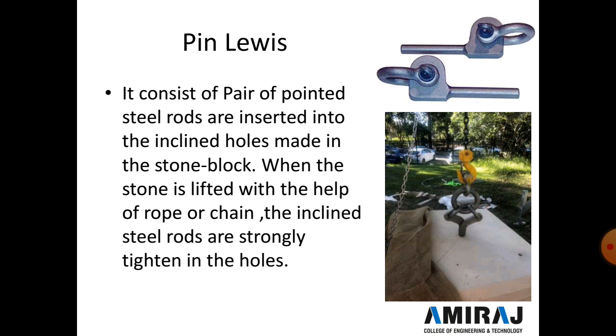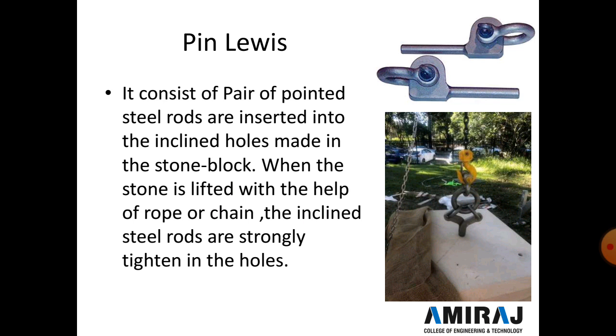First of all, the stone which is to be lifted is vertically drilled, as you see in figure number 2. In figure number 2, you see one pin levis inserted in a stone.